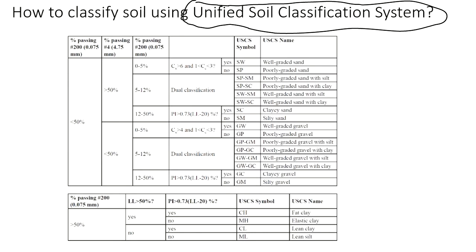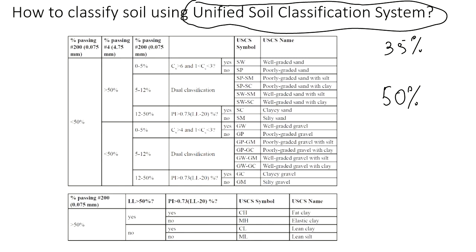For the AASHTO soil classification system, the borderline was 35% of fines, between coarse grain and fine grain soil. In this case, the boundary between coarse grain soil and fine grain soil is 50%. So it's kind of 50-50.